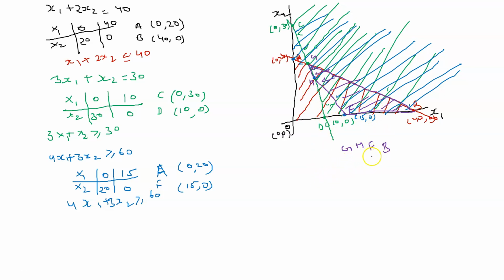We know the coordinates of F and B: F is 15, 0 and B is 40, 0.